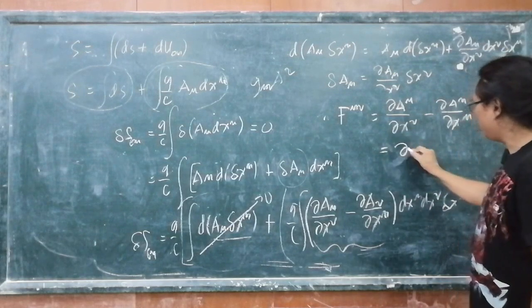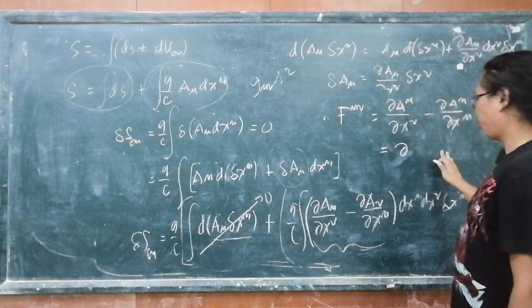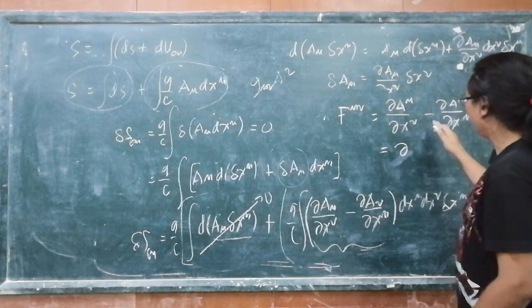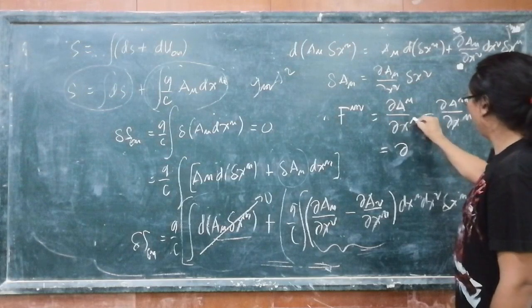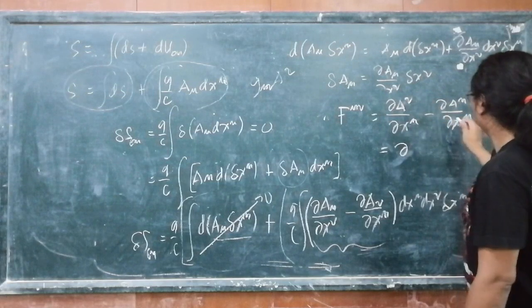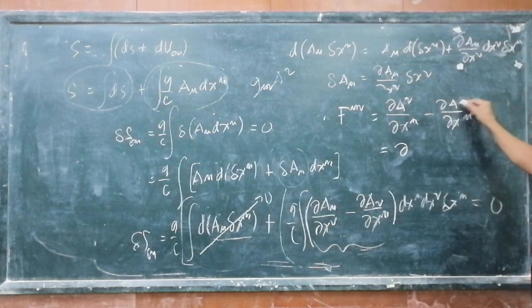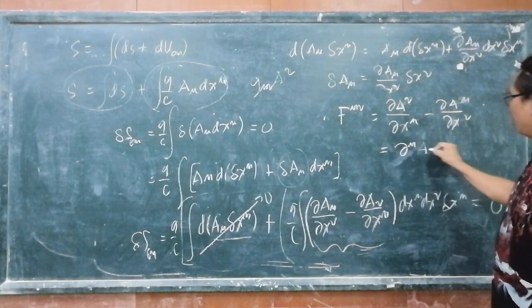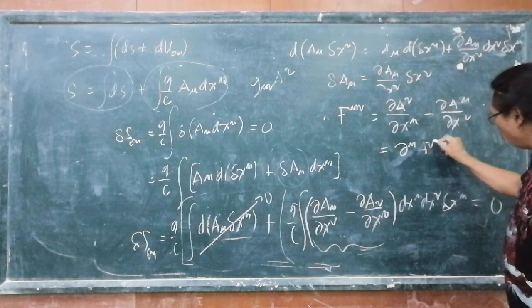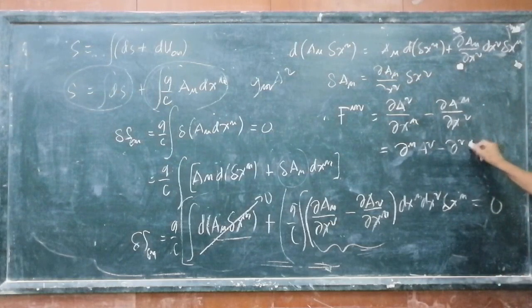In shorthand notation, this is partial_mu A_nu minus partial_nu A_mu.